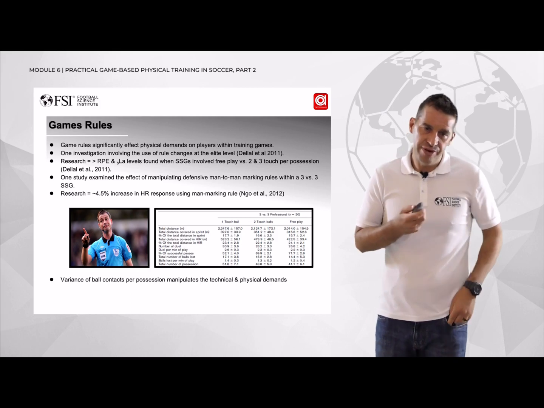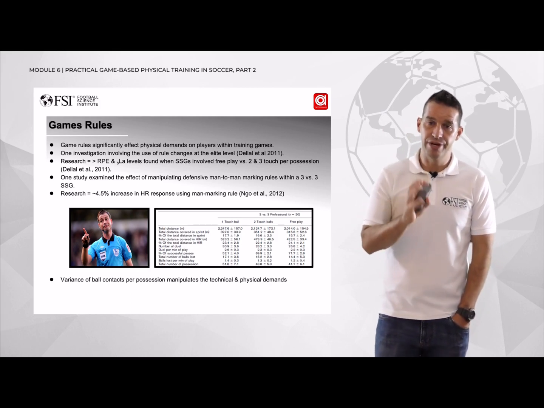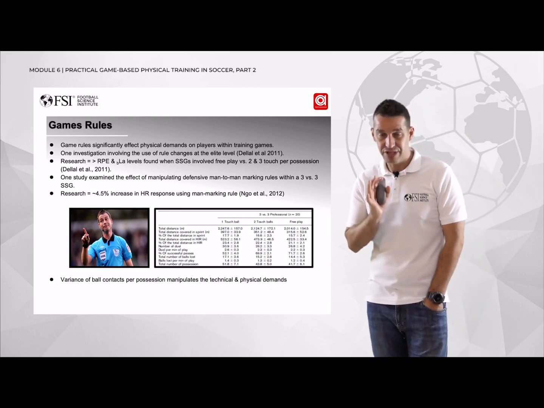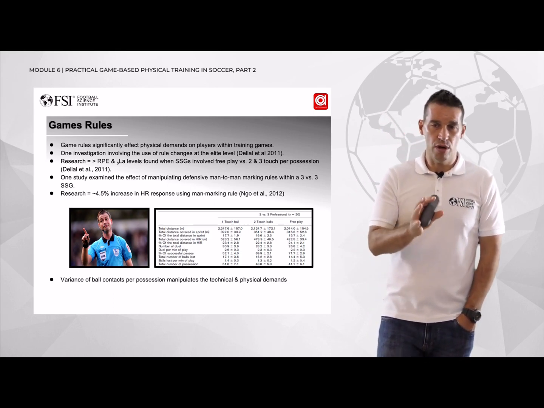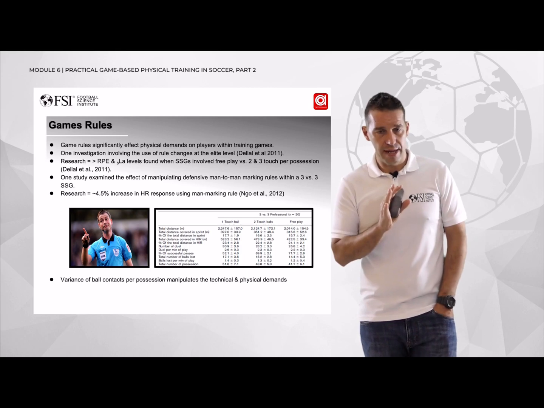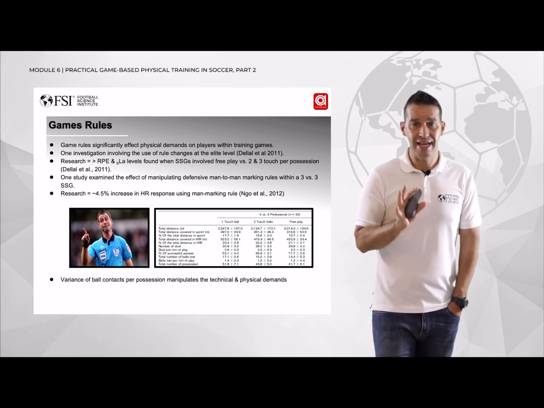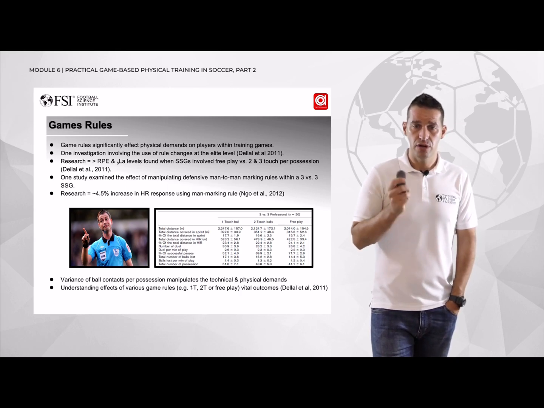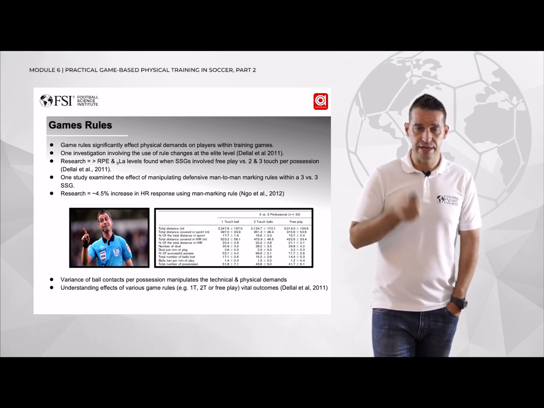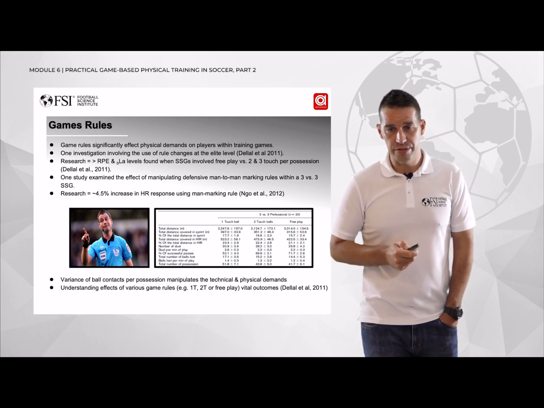Again, these things are really interesting, but it's really great to be able to actually justify what we're doing through the use of research. And that's probably one thing that I really want you all to understand, is the fact that you have to have a justification for what you do on a daily basis with session design, understanding the outcome variables.